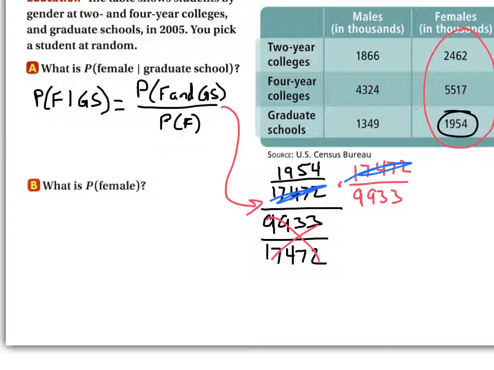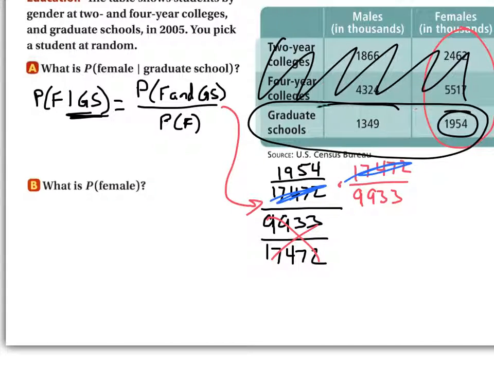If we're given that we're selecting from graduate school, don't look at the rest of this. Only work with graduate school. Then it's a matter of finding the probability of selecting a female: 1,954 females in graduate school divided by the total number of people in graduate school, which I believe is 3,000 some.